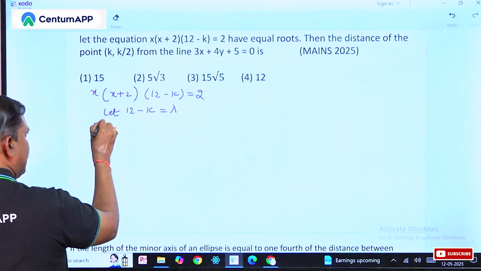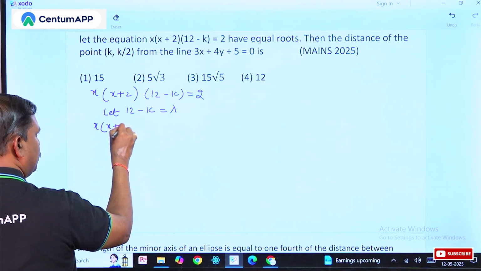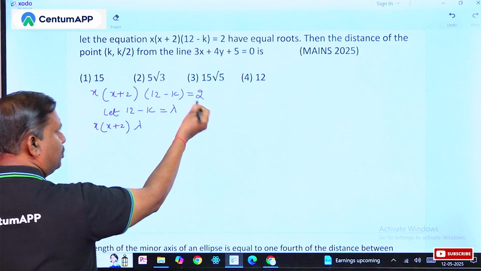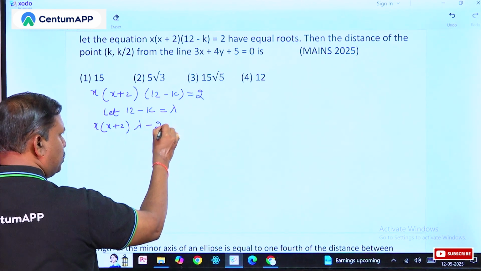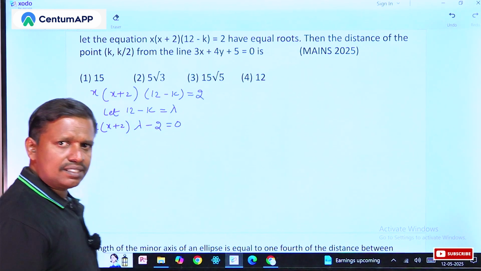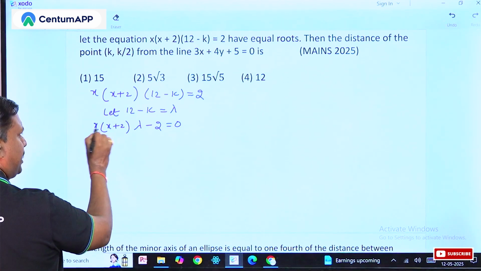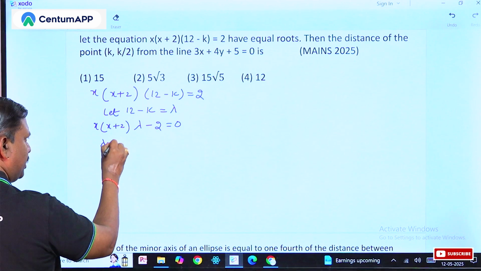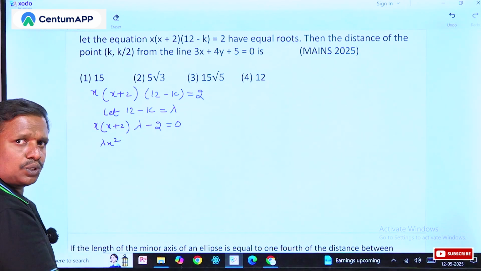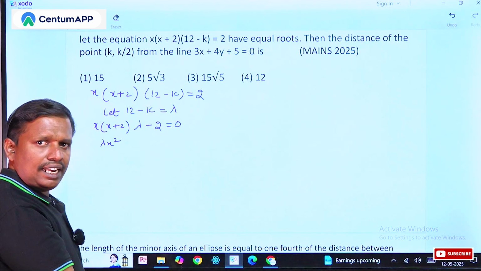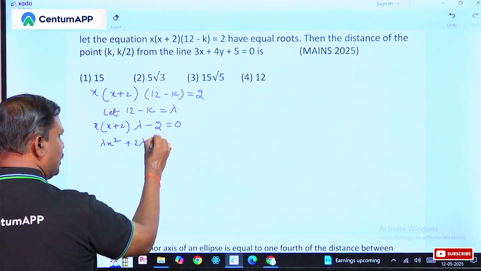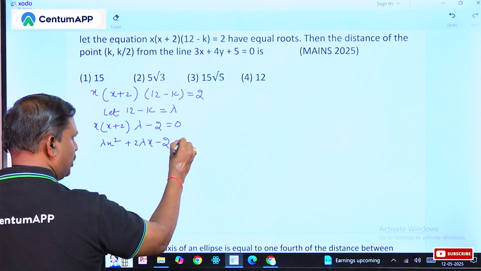We get x(x + 2)lambda, transpose the right side to this side, minus 2 equal to 0. Now multiplying, x into x square, lambda x square, x into 2, 2x into lambda, plus 2 lambda x minus 2 equal to 0.